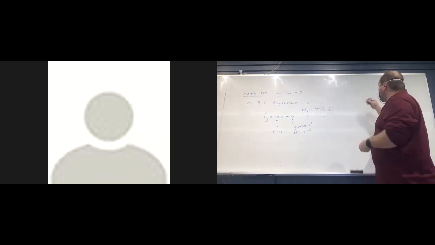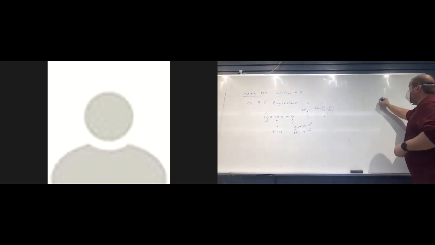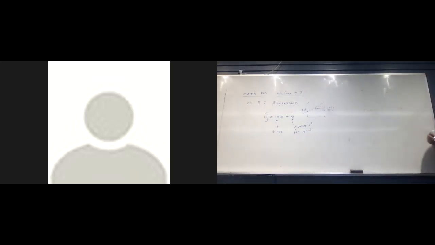When I have my scatter plot, these are the dots that I have. Those are my points. I come up with a best fit line. Why? Because I say, well, what if x was this? What would my y be? I'm going to use the line to give me the best guess for that x value. So it's not an exact answer. It's a prediction.